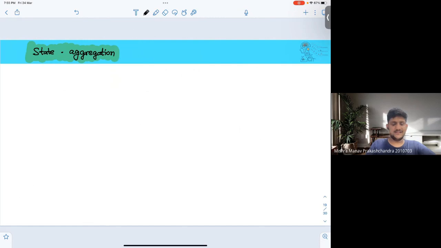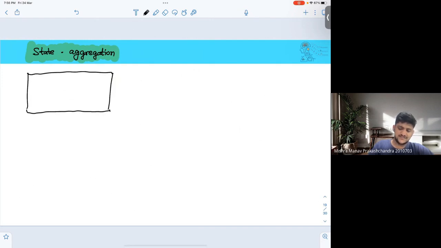So let's say you have a large number of states. Let's say this represents a tabular representation of the states. Each row represents a state, each column represents the next possible state. The idea here is that you try to estimate that close by states have similar value functions.